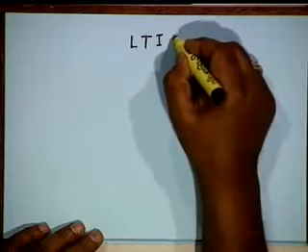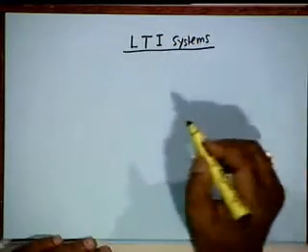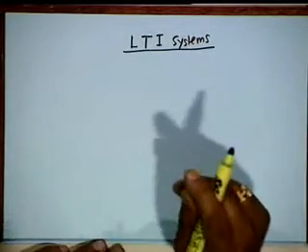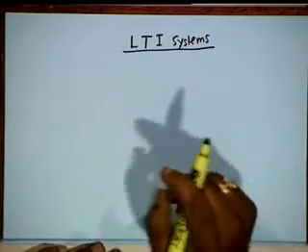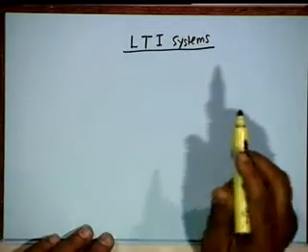Now we will not bring nonlinear systems or time varying systems. We talk about purely LTI systems, and a very simple derivation of what is famous now as a convolution.